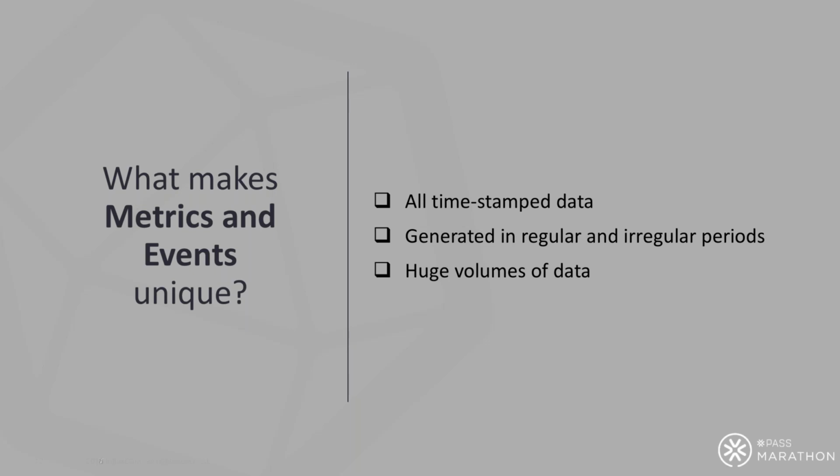Anything that is being generated, like the CPU temperature, memory consumption, that is all metrics generated at regular intervals, and anything that is driven by the user, it could be opening up a new browser, closing a window, or placing a new order on a website, it is all events, and these are simply irregular. They are similar to metrics because they are time-stamped, but they identify a unique event that happened at a particular interval in time. And combining the metrics and events, organizations have a problem of processing huge volumes of data today.